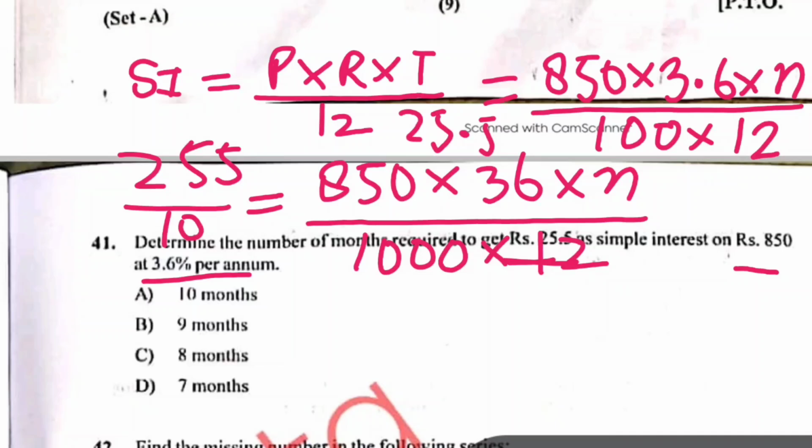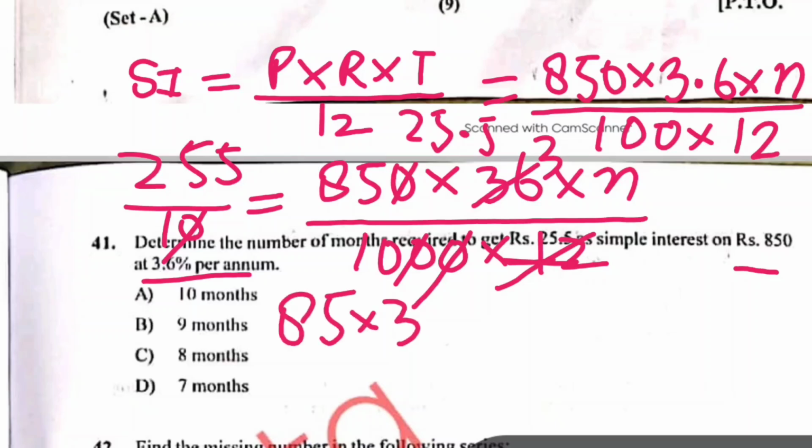Okay, so let's do some cancellation here. The zeros get cancelled, 12 ones are 12, 3s are, then we have another 0 which gets cancelled with this, so ultimately we are left with 85 into 3 into n is equal to 255. Solving further, we also have 10 in the denominator, so it gets multiplied with this 255.